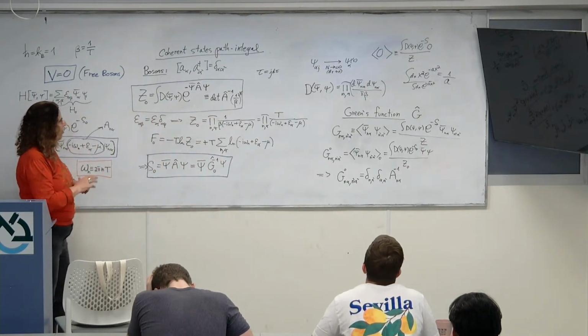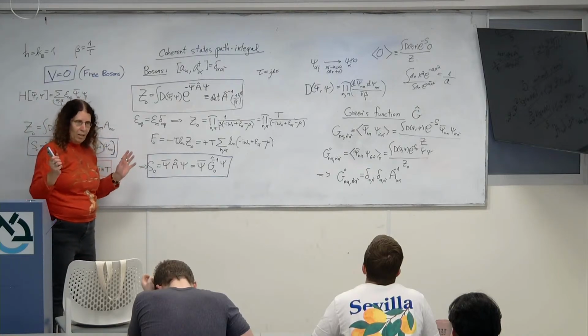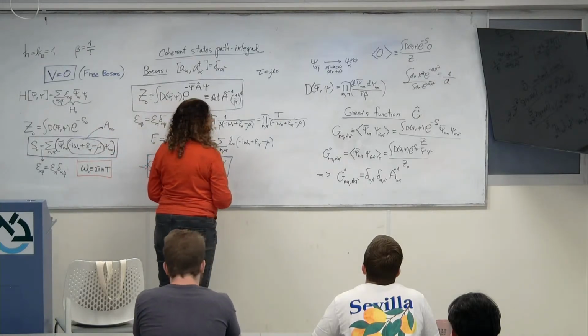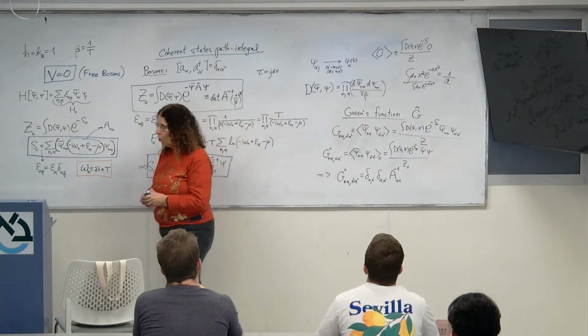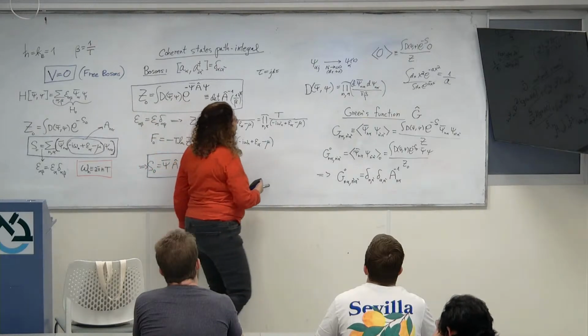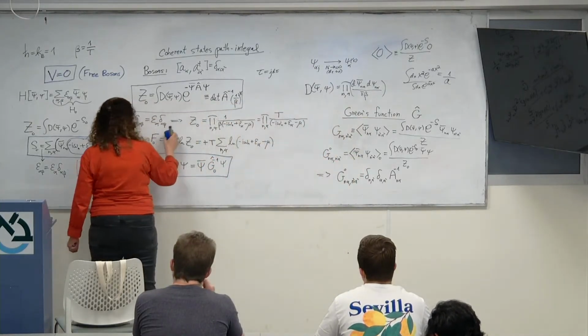But let's not jump ahead. We are still in the ideal gas case. So in the ideal gas, we can use the Green's function to compute occupation. What is occupation? Shall we write it here?